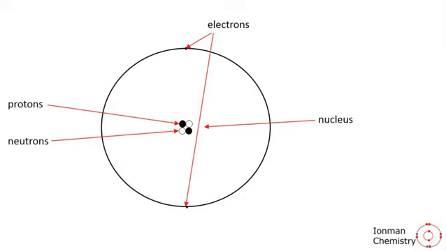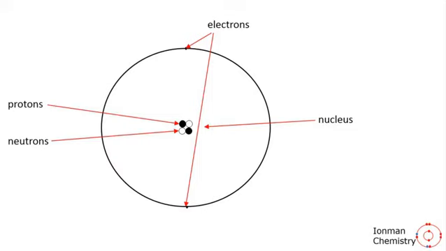I've drawn a shell here going around the outside of the atom, but in actual fact that's imaginary. It's trying to show where the edge of the atom is, but it's not really a thing and it has no mass. So just think about this.